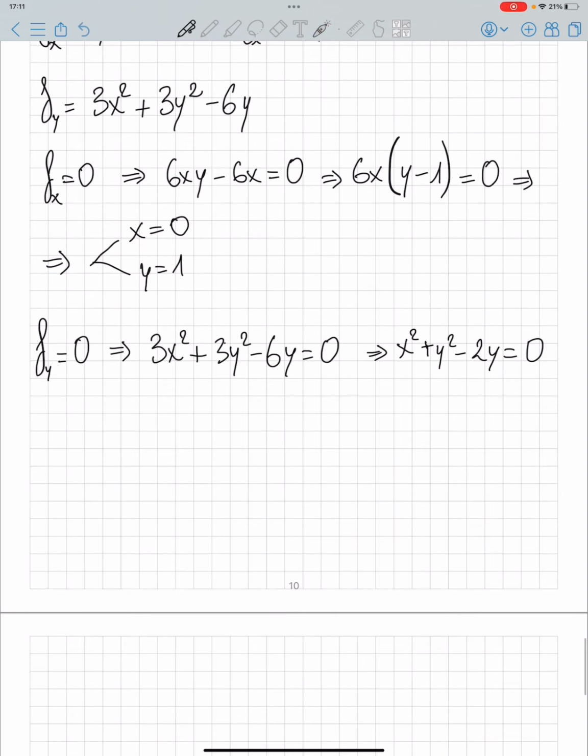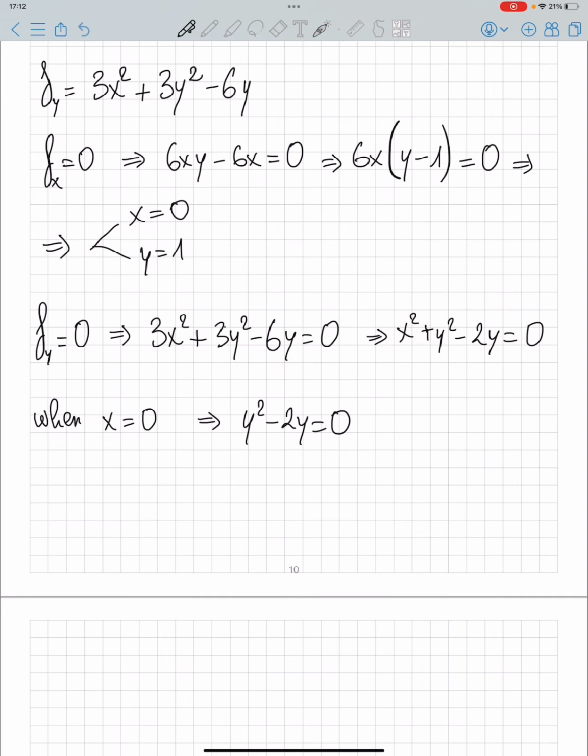We can say when x is equal to 0, we substitute it in this equation here, right? So when x is equal to 0, we're gonna have y squared minus 2y is equal to 0, because if you substitute the 0 here, this is gonna disappear and we're gonna be left with y squared minus 2y equal to 0.